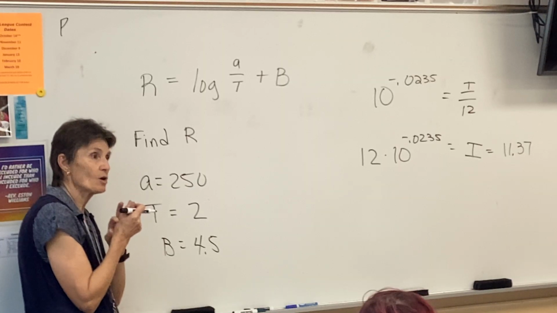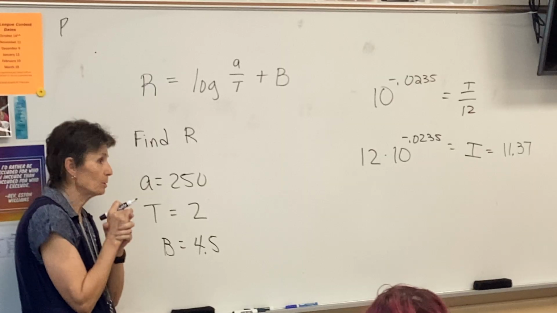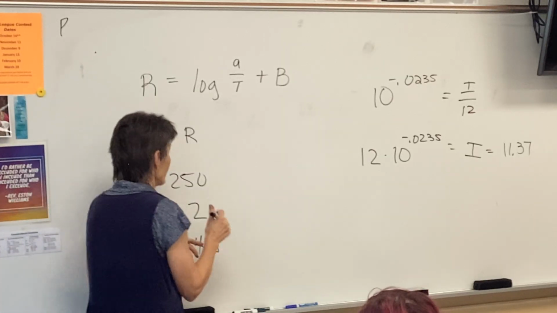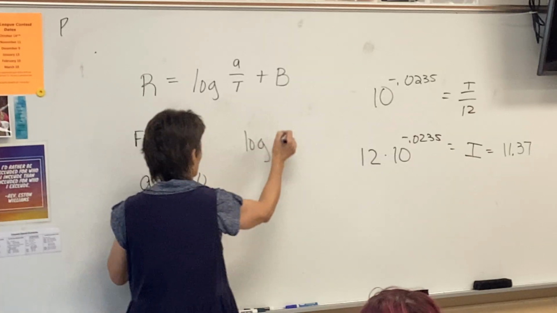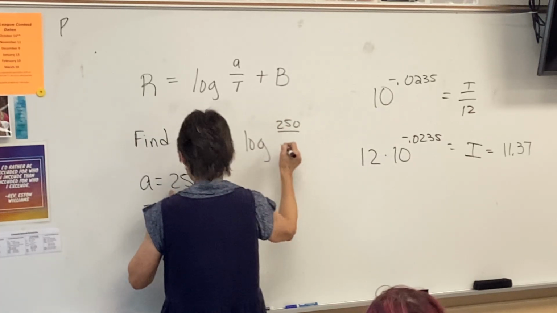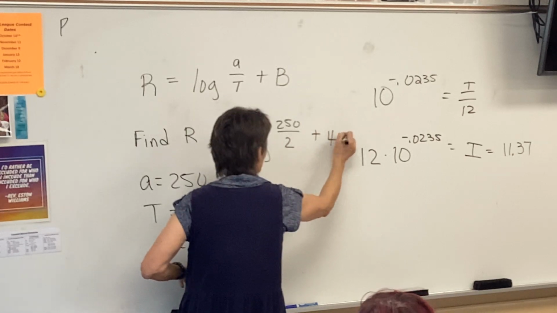Do not make this hard. What are you going to do? Plug in all those numbers. So when I plug in all those numbers, I'm going to have the log of 250 over 2 plus 4.5.